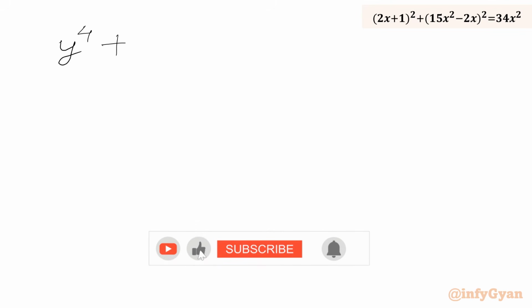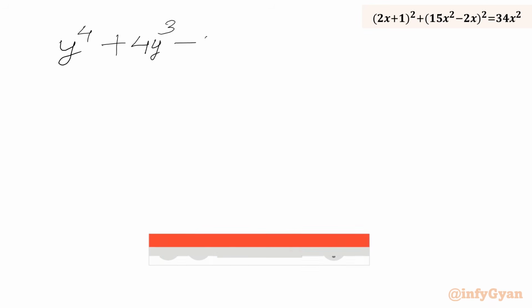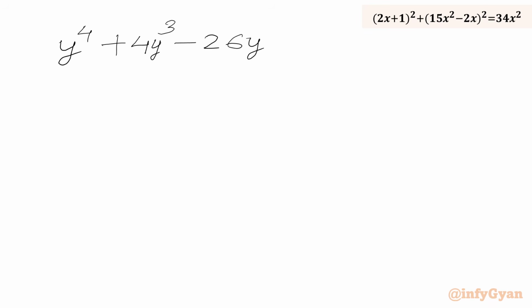Let me write here y⁴ + 4y³ − 26y² − 60y + 225 equal to 0. We are going to use the rational root theorem and synthetic division method.